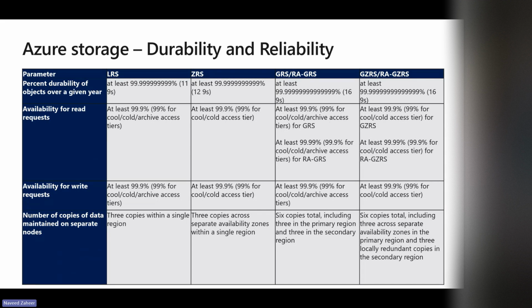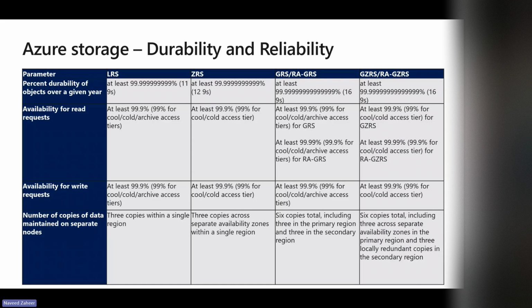Okay. When we move on to zone redundant, it is similar to locally redundant, but with zone redundant, you have three copies spread across multiple zones. That gives you further resiliency and reliability. Same thing with geo-zone redundant.